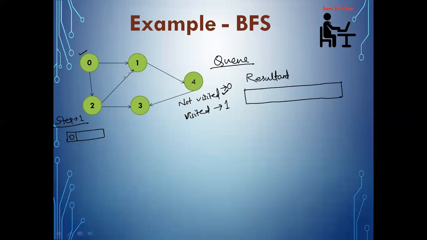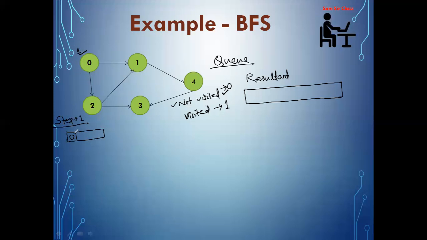Okay. So we'll bring those vertices into the queue whose status of visit is 0, meaning it is not visited. Initially 0 is present here, so we'll convert its status to 1.